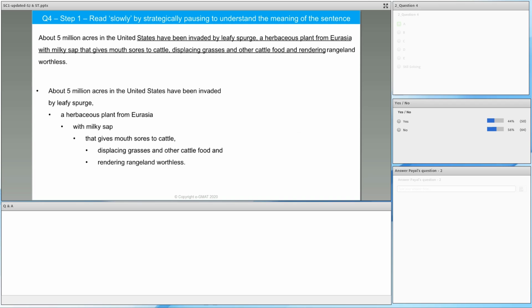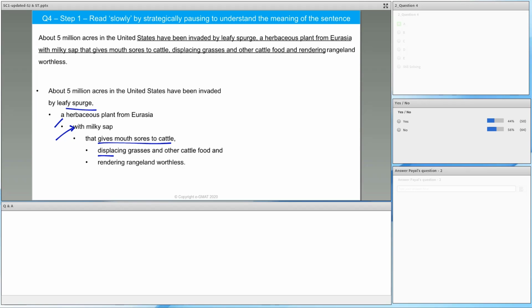Okay, so now we see a lot of description about leafy spurge. What is this leafy spurge? It is a herbaceous plant with milky sap. So this plant also contains milky sap, and this milky sap gives mouth sores to cattle.